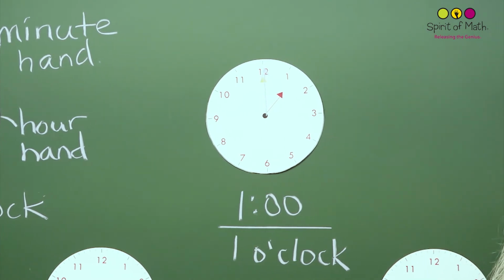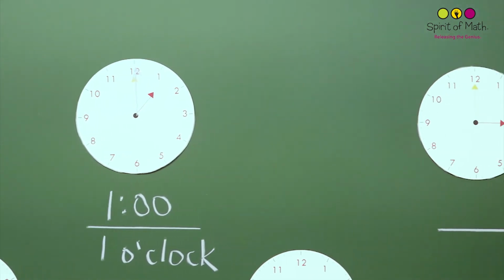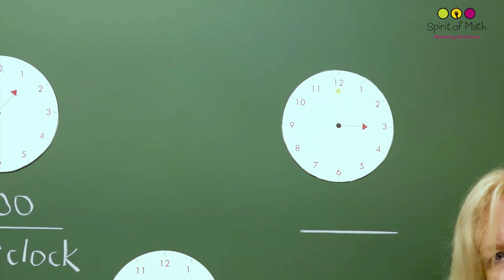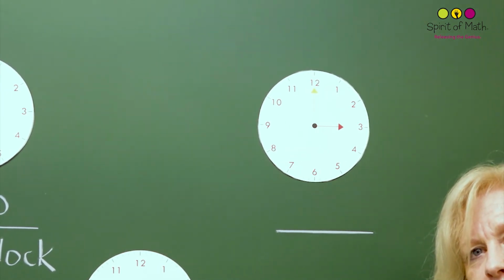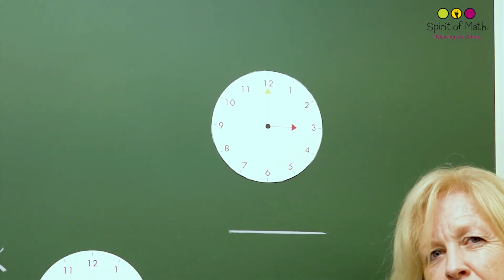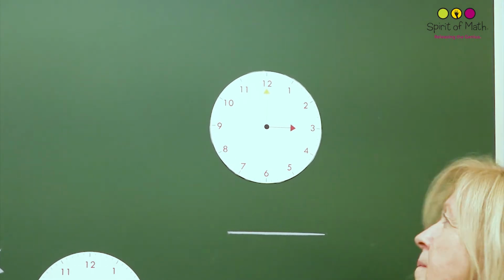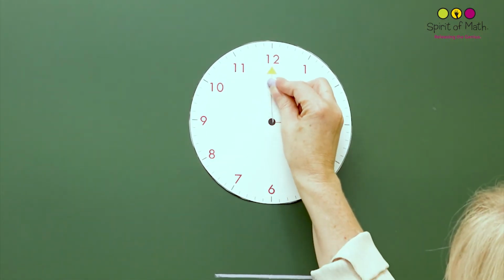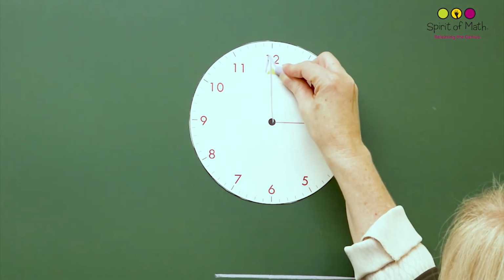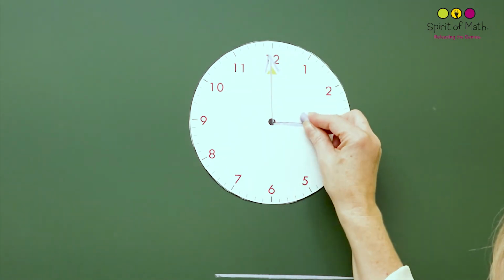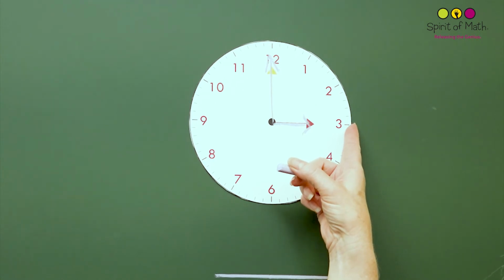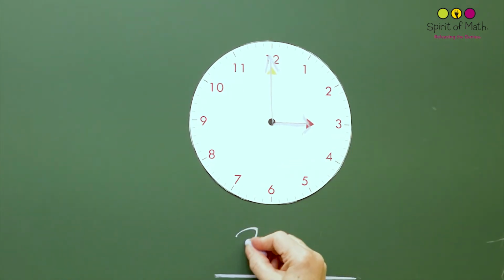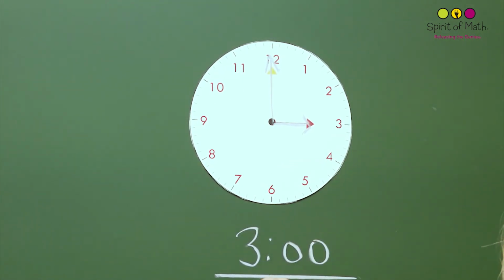Let's do the next one. Can you read what this one is? What hour is this? Can you see close enough? You might need to zoom in a little bit here. Okay, you seeing what hour that is? The big hand again is right at the top, and the little hand is off to the side, pointing to the 3. So this would be 3 o'clock.